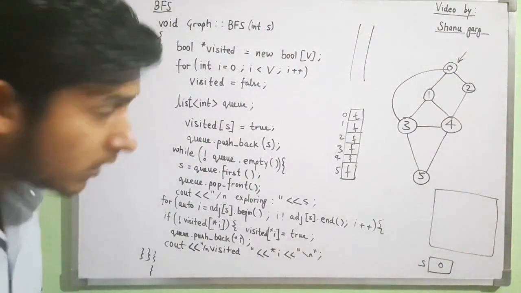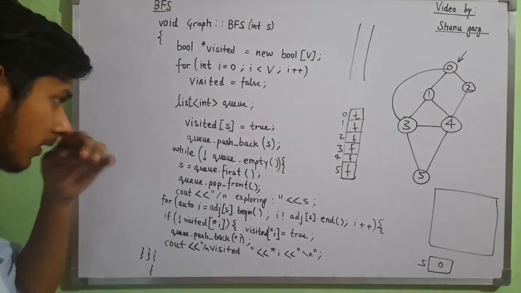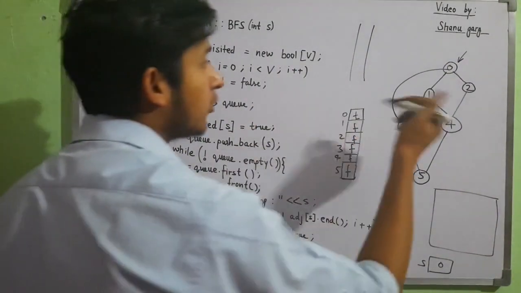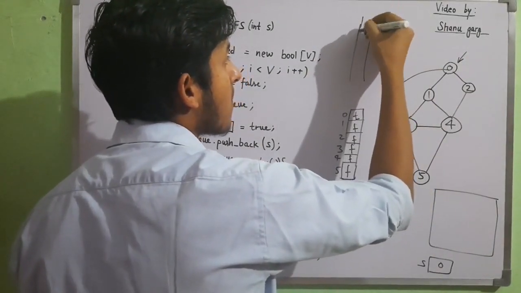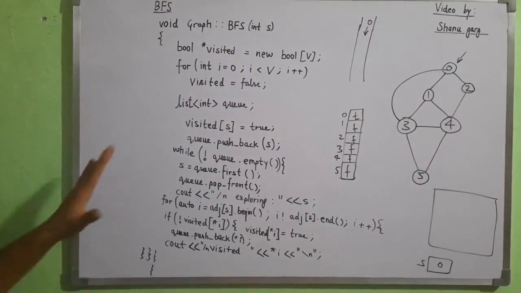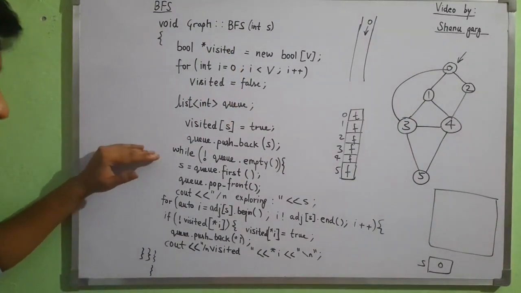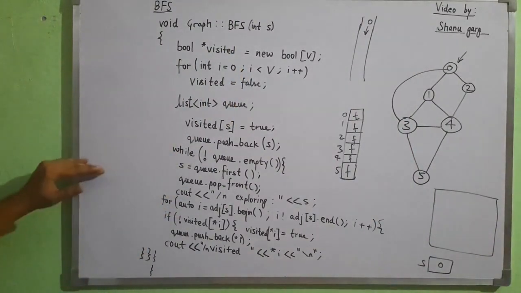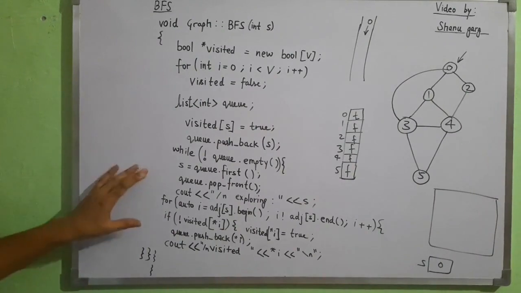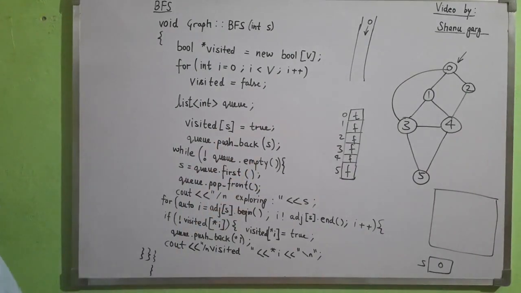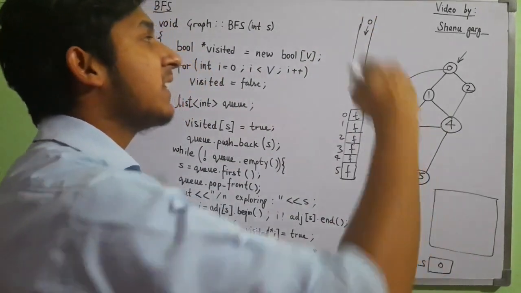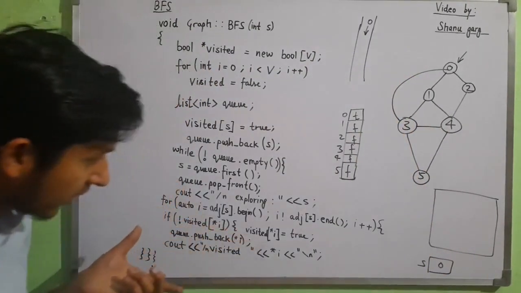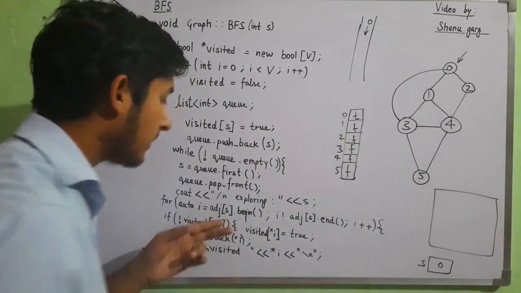And in the queue we'll push back s, that means 0 is pushed here. Make sense? Now in the entire body we'll be dealing till the queue doesn't get empty. So the queue is holding 0 for now, and till it's having something we'll be working on this body, and as it gets empty we'll be out of this body.